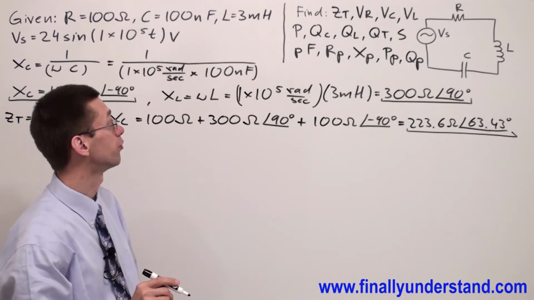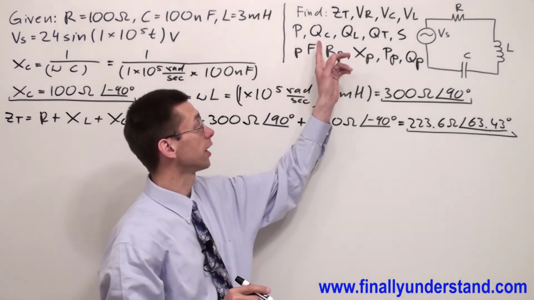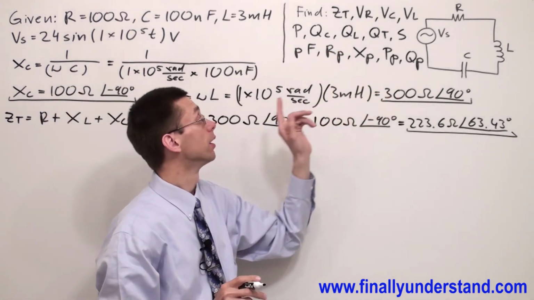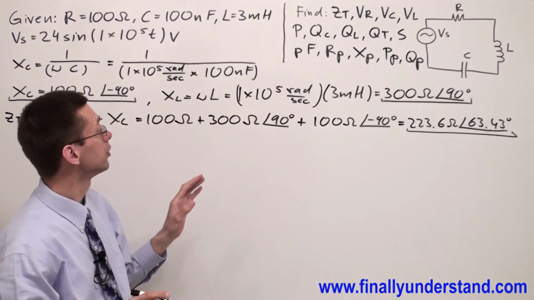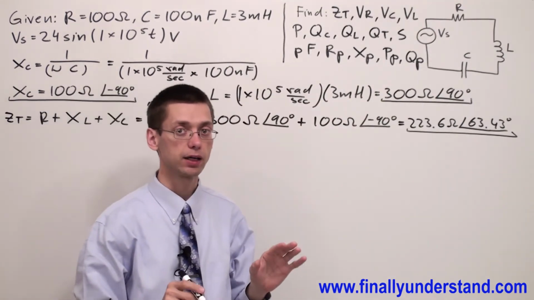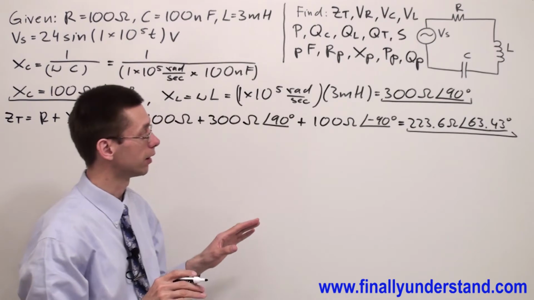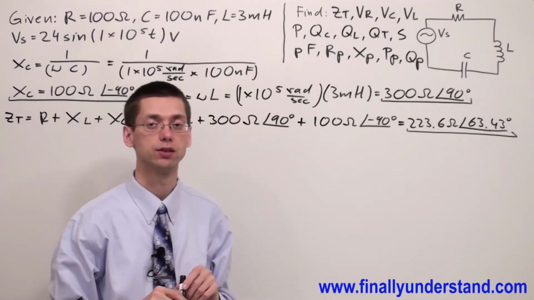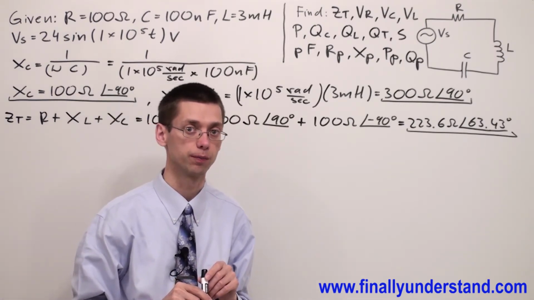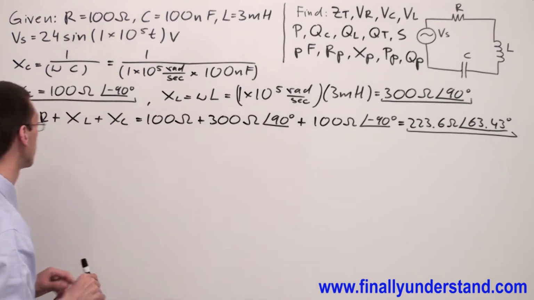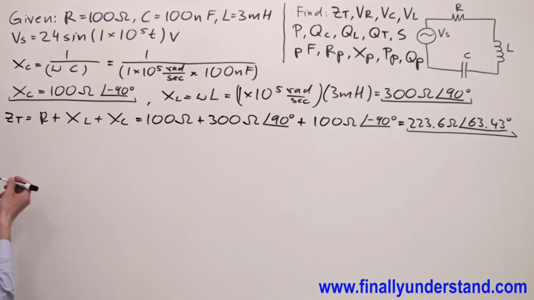Next, I'm supposed to find voltage across the resistor. Right now, I don't have I total. I can find it, but let's say I want to practice the voltage division law. So we're going to write the formula for the voltage division law.